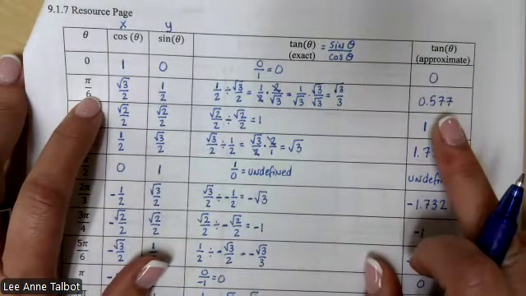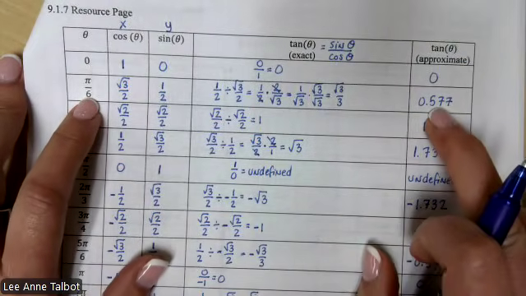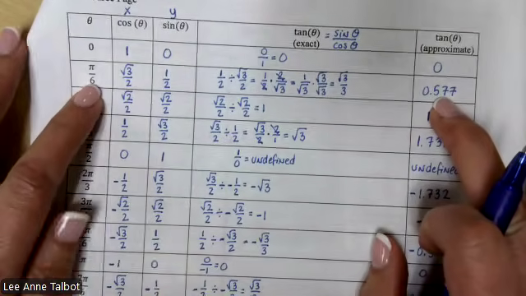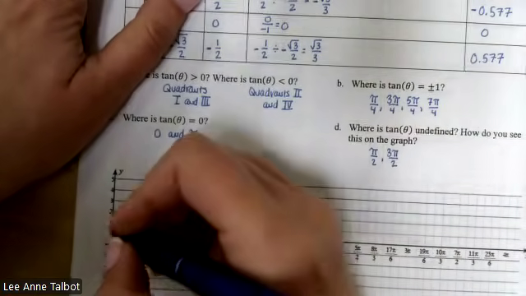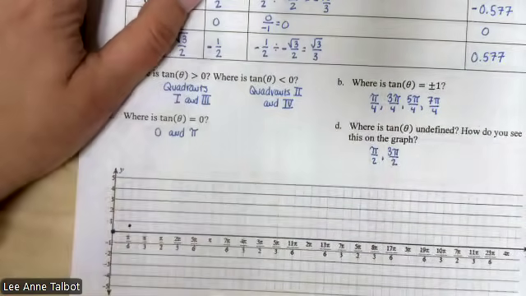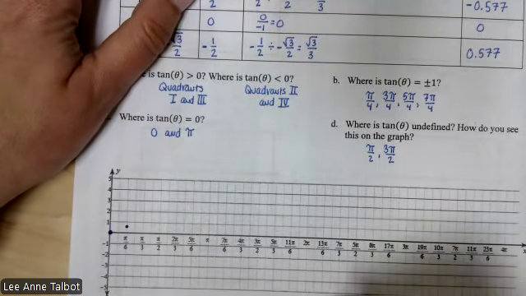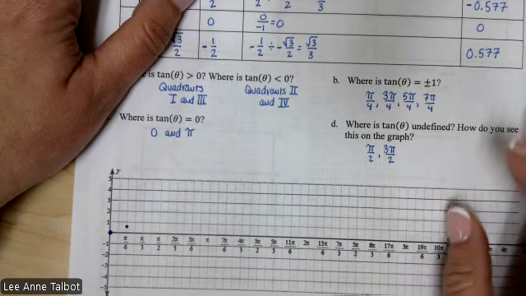Okay, the next dot is at pi over 6, 0.577. So we're going to go pi over 6, like 0.6-ish, just like right there. Are you guys seeing where I'm getting the values from? It's the very first line in the table and the very last line in the table.